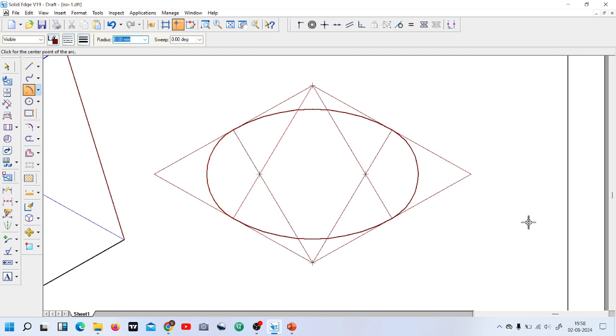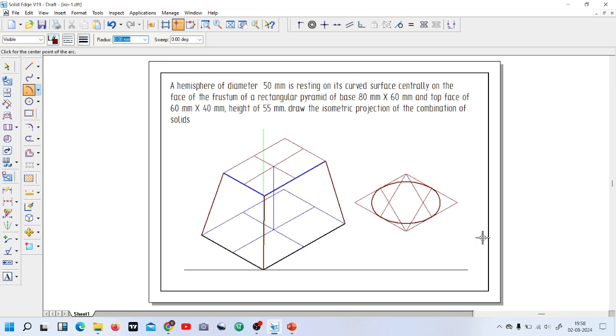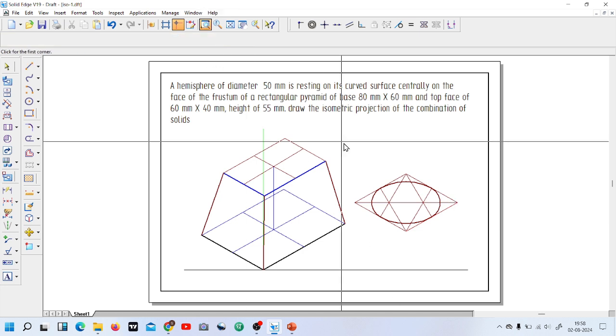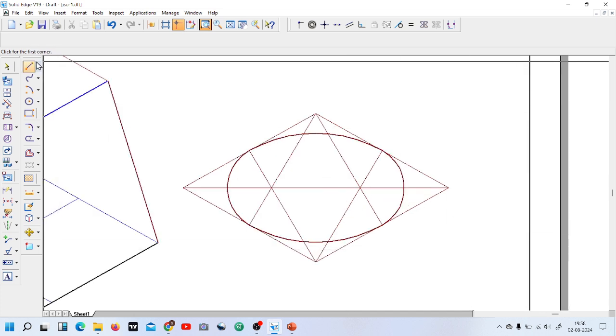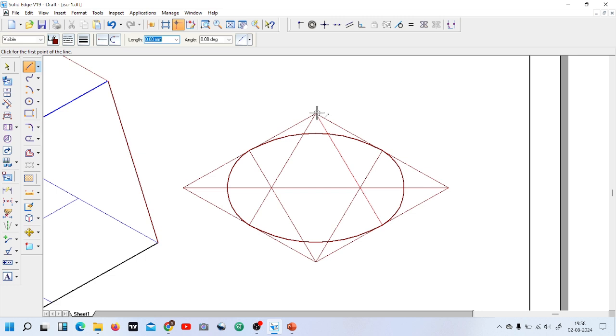Now this is about the hemisphere surface. Now to draw its curvature, I'll draw one more line because I need a center point.